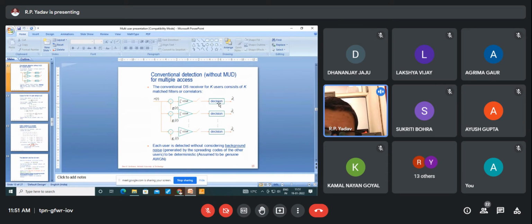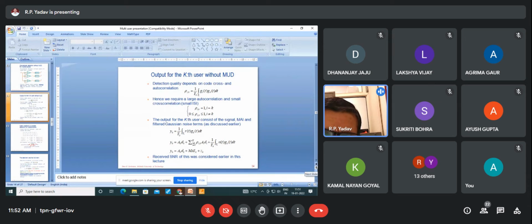Then I make the decision, d1, d2, or whichever user's input has come. Each user is detected without considering the background noise generated by the spreading codes of the other users, which is assumed to be deterministically genuine. That is the assumption we make.